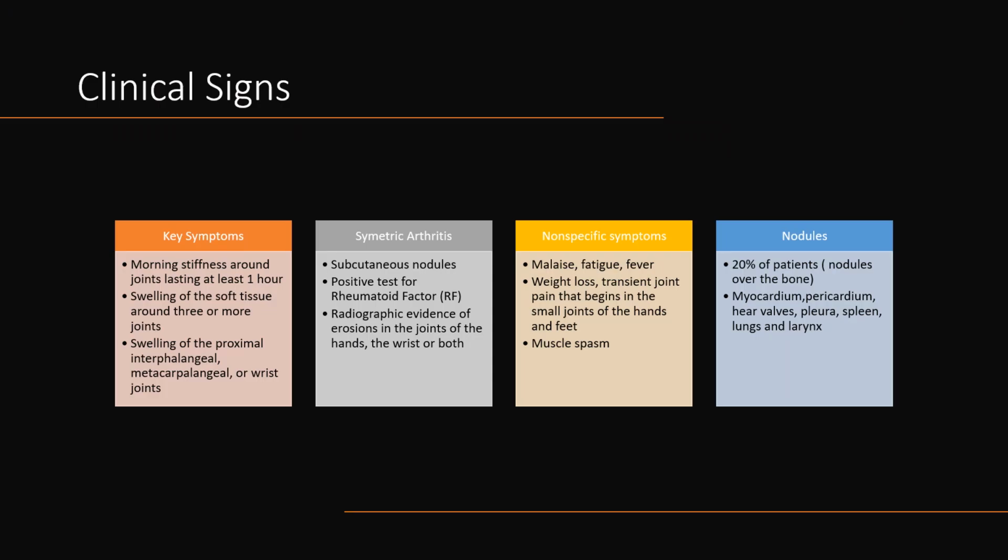Now, the diagnosis of rheumatoid arthritis is based on the 1987 criteria established by the American College of Rheumatology.